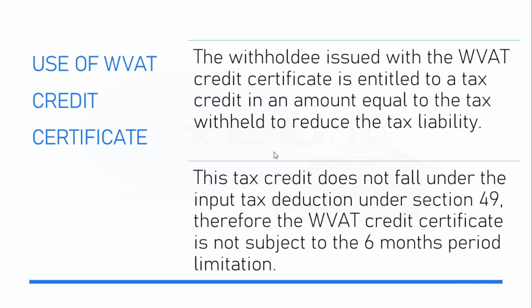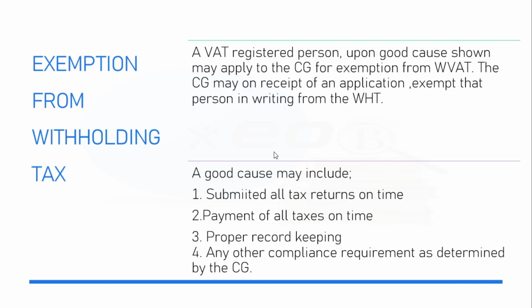Also, another change is exemption. Just like the way you can apply for exemption for the income tax withholding, you can also apply for exemption for the VAT withholding. This was not in the old law. In the old law you couldn't apply. That was one of the differences between the income tax and the VAT withholding. But in the new law you can apply for exemption.